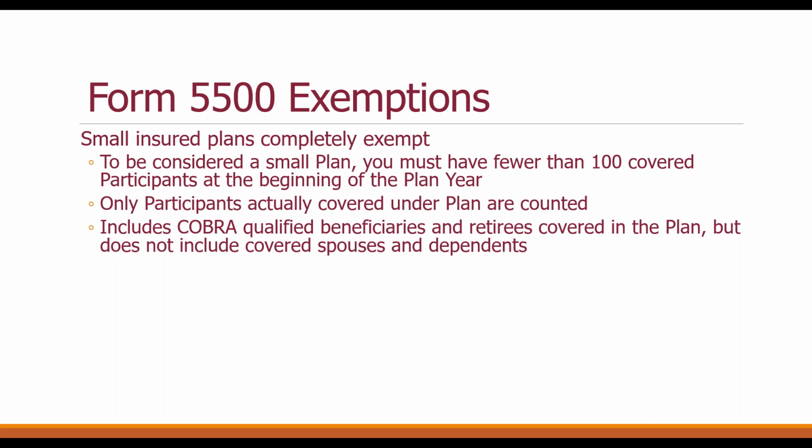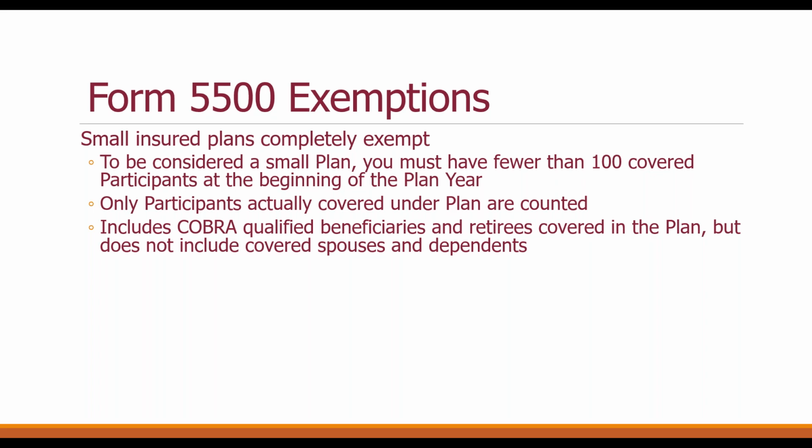It includes those that might be on COBRA. So even if they're not current employees, if there's somebody that was terminated and they're still on the plan under COBRA, they would still count. Retirees, if you have retirees covered in a plan, would also count. But participants does not include dependents. It does not include covered spouses and children.